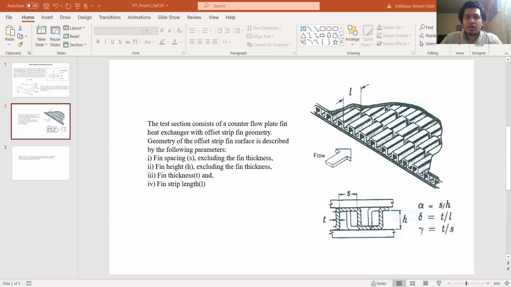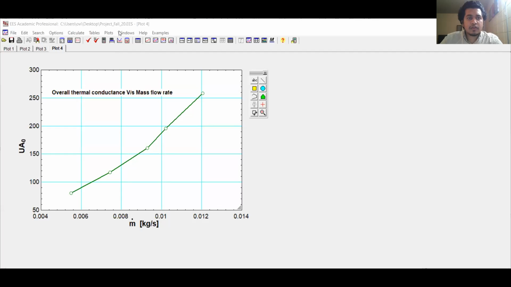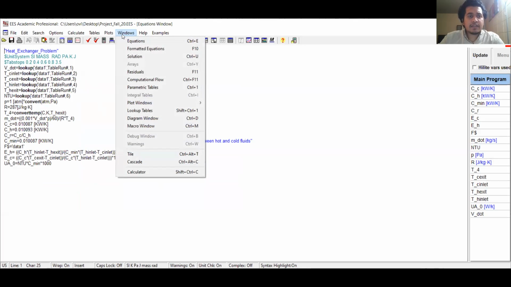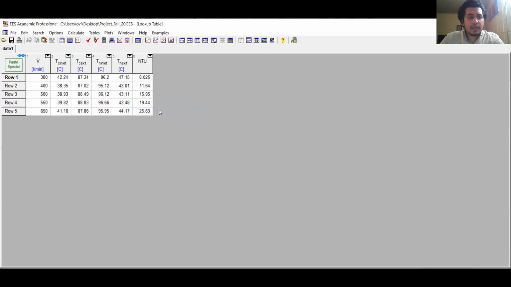Now I will show the EES code for our performance analysis. So this is the equation window for our EES code. At first, we make lookup tables where we put all the experimental values from our experiments. We have run 5 experiments.